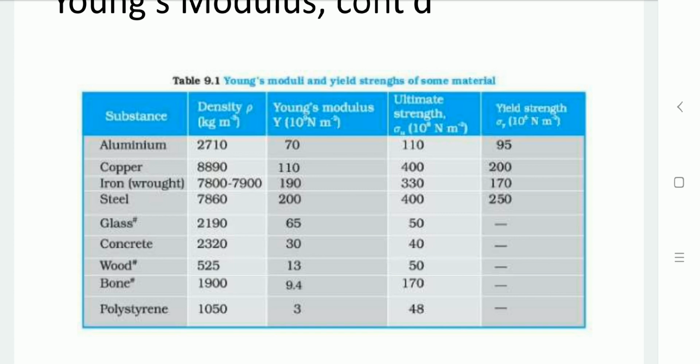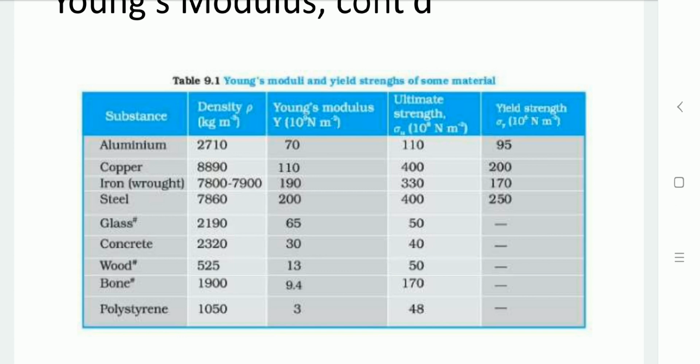To increase the length of a thin steel wire of 0.1 centimeter square cross sectional area by 0.1%, around 2000 Newton force is required. The force required to produce the same strain in aluminium, brass or copper wire having the same cross sectional area is 690 Newton, 900 Newton or 1100 Newton.